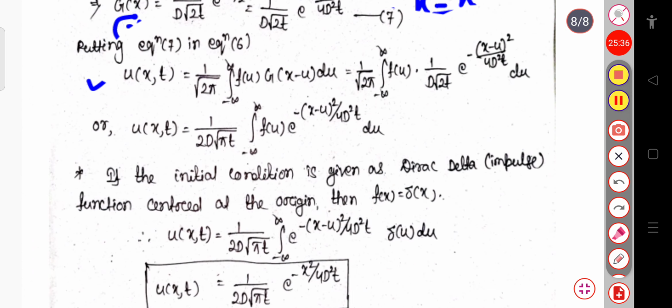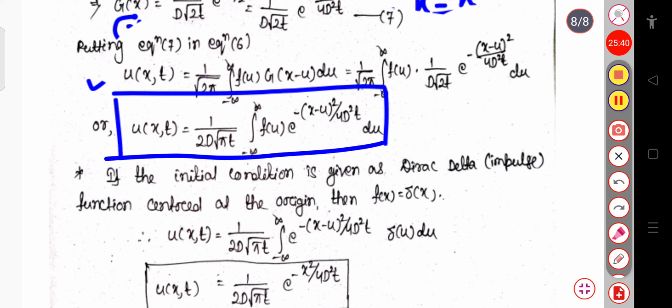Okay, so this is basically the solution of the equation, but that depends on the initial condition that I have considered. For that condition, this is our final expression. But if the initial condition is given as the Dirac delta function, that is, its center lies at the origin, that is if f of x equal to delta of x, what will happen?